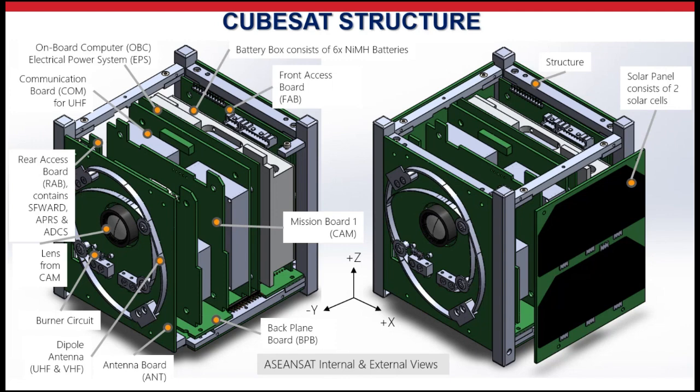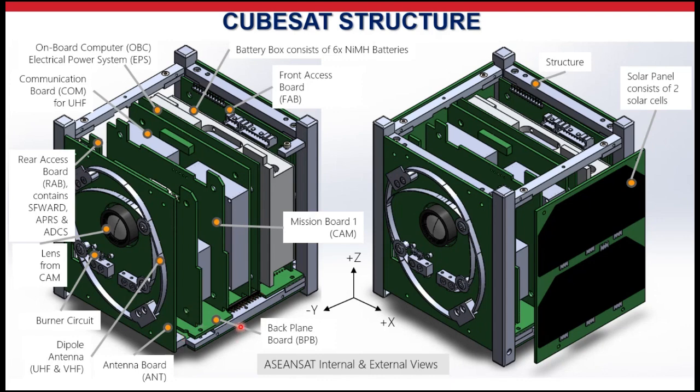These subsystems support the mission. In this competition, we are going to design the imaging system as the mission of the CubeSat. On the screen is a 1U size CubeSat.